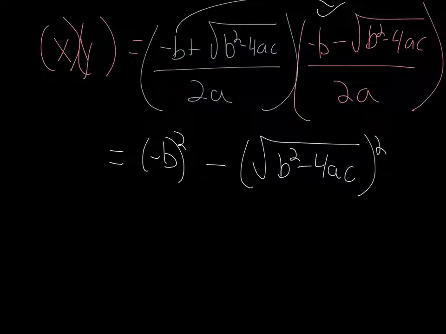Now, the way I did that was, since this is negative b plus the discriminant, and then there's negative b minus the discriminant, that is a product of binomials with opposite signs, so it's going to be equivalent to a squared minus b squared.